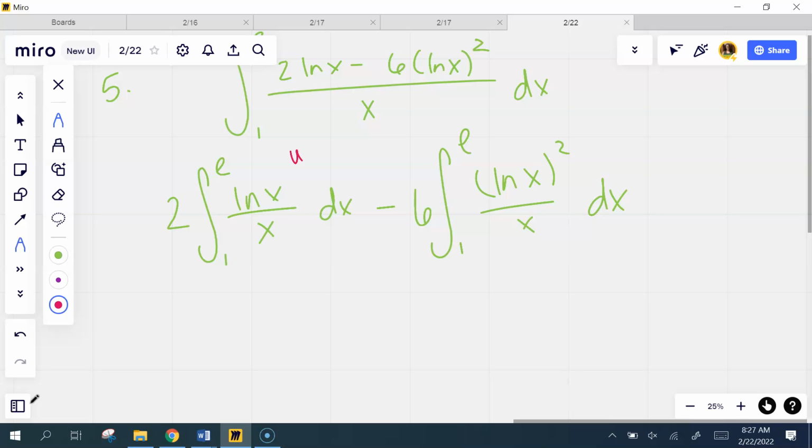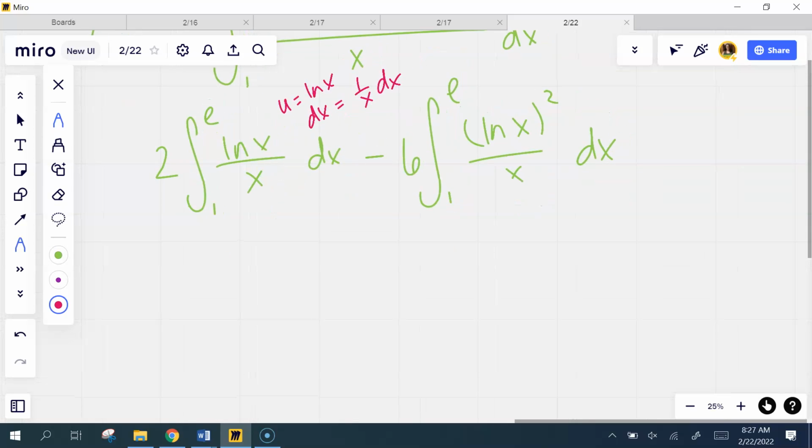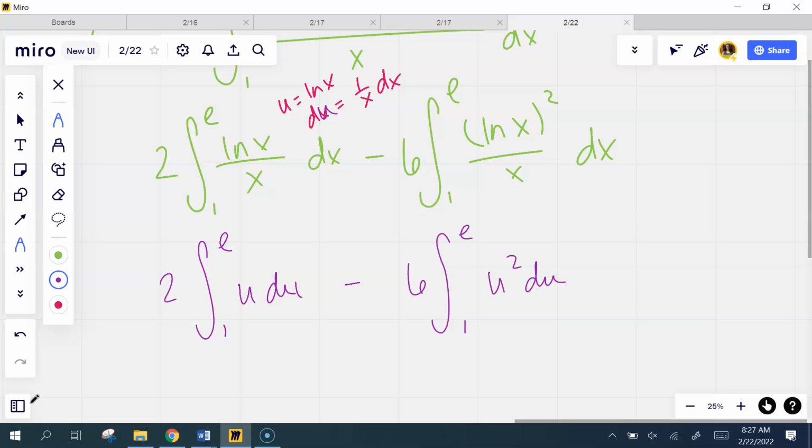I let u for both of them be log x. And so I ended up with 2 times the integral from 1 to e of u du minus 6 times the integral from 1 to e of u squared du. You have to remember to change your bounds here, right?